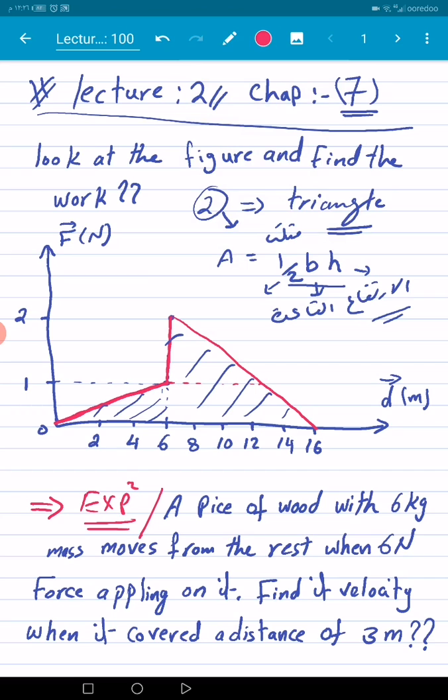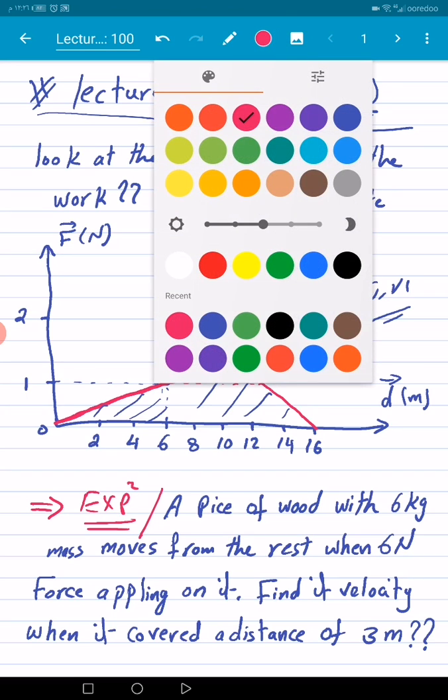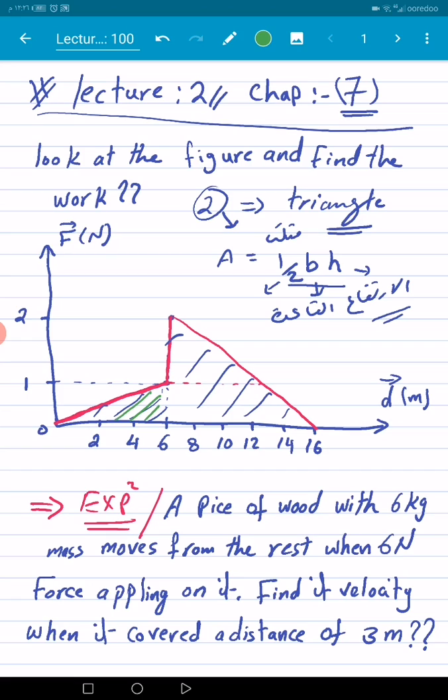So find the first one, that is the first one till here, number one, and number two till here, and give me the result. Number one, A1 is equal to half base multiplied by height, half times base 6, height 1, so it's equal to 3 joule.